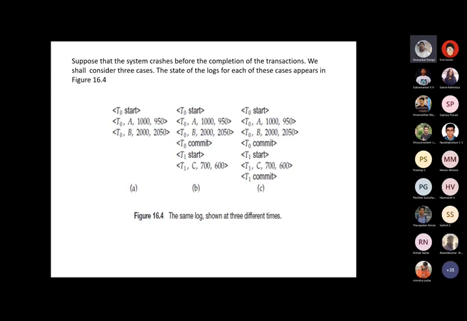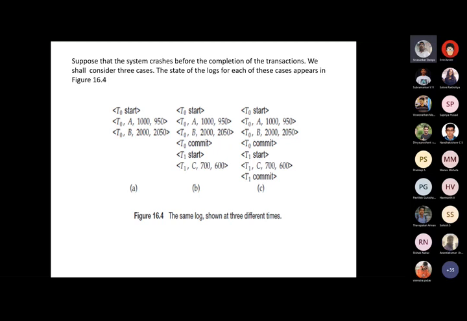Right, so you have three different cases in which you are going to apply this log based recovery scheme. In case A, whenever the system performs a log based recovery, it scans the log records. It finds that there is a log record <T0 start>, however, there is no <T0 commit> or T0 rollback.